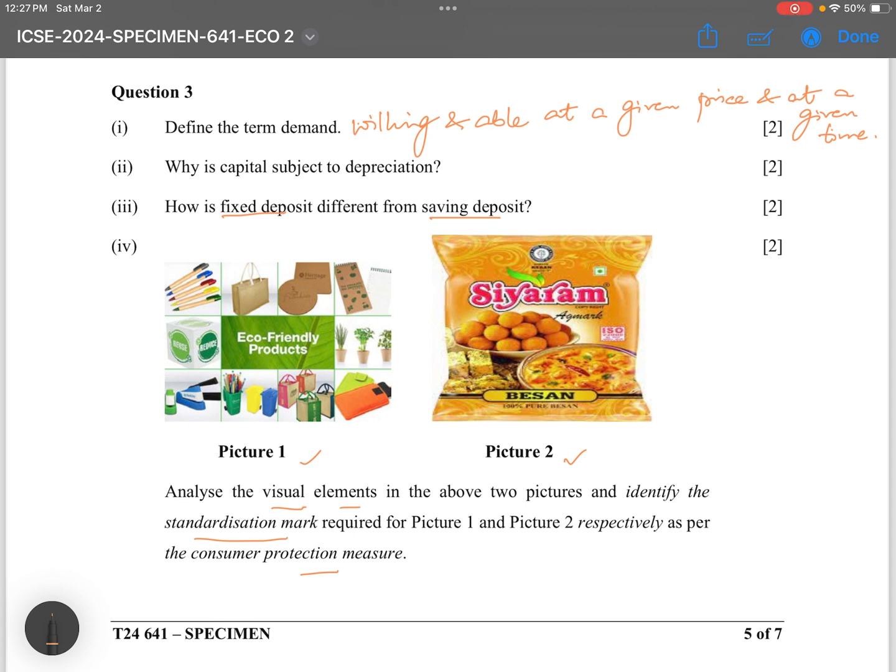Though I cannot see it very clearly on this page, the first picture is the Eco Mark, and the second is the AG Mark. You just have to name them, and you get 2 marks.